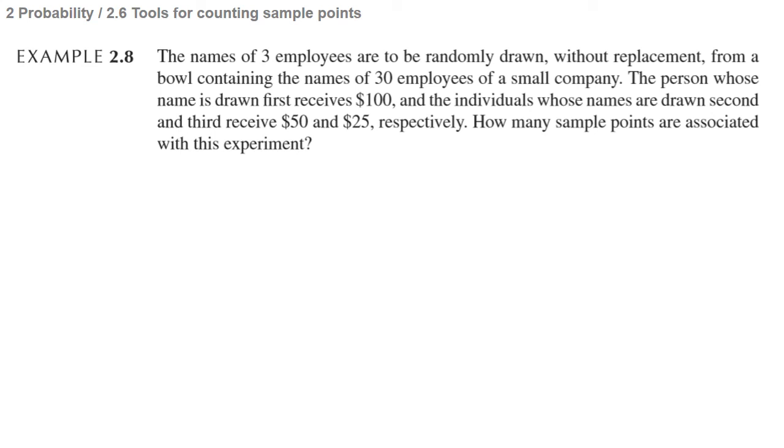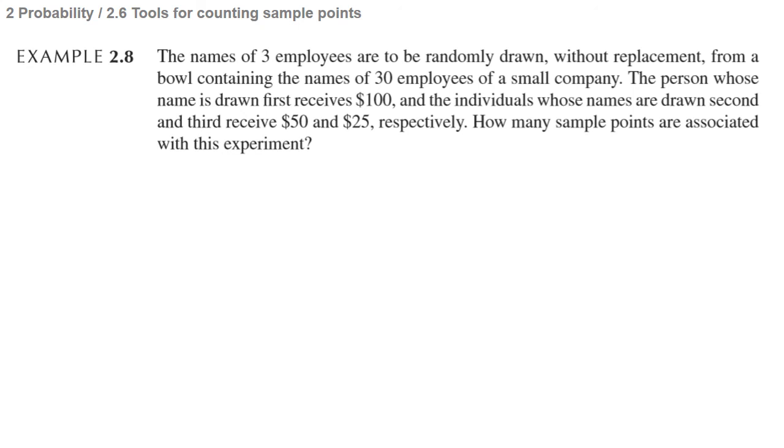And how many sample points are associated with the experiment? Okay, so the experiment here is randomly picking 3 names, and we consider order because the first guy gets $100, the second guy gets $50, and the third guy gets $25.